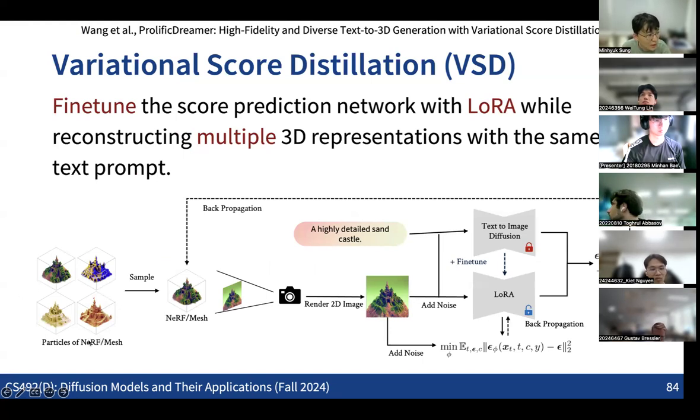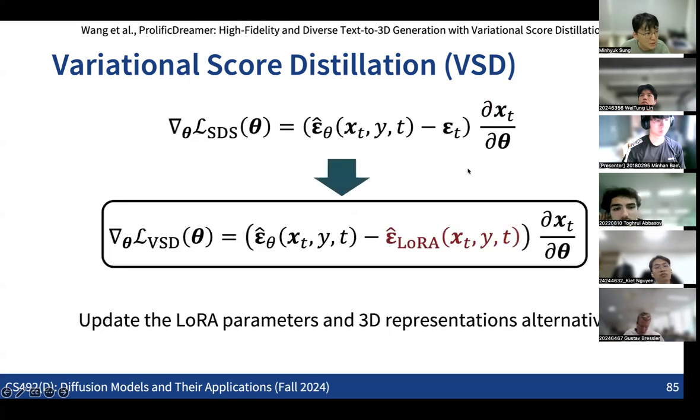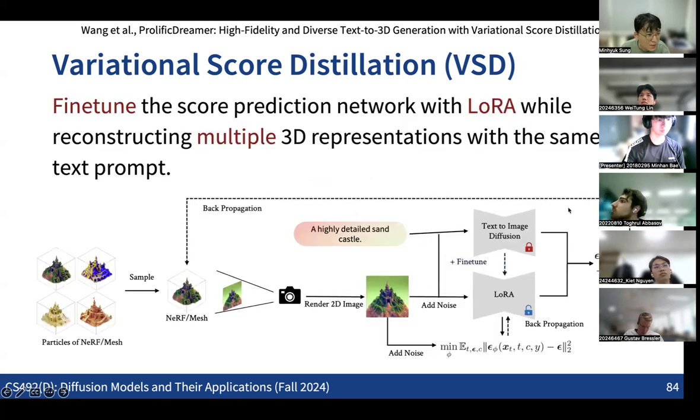While generating multiple 3D objects, we are not only updating them using the SDS loss, but we also fine-tune the noise prediction network using LoRA. Then we replace the epsilon t here with the epsilon that we are predicting using the LoRA. This gives a better idea of what we need to update in the 3D representation. So you can also check out those ideas.